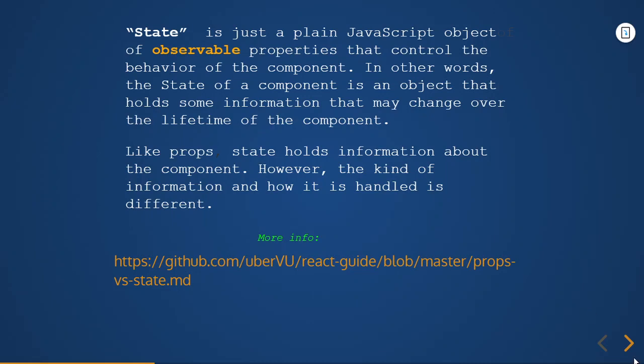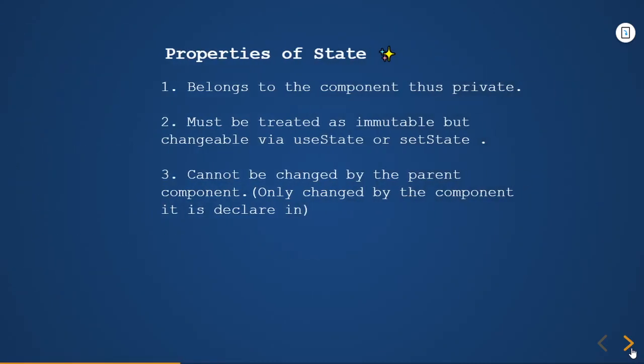Okay. So then the next slide, we are going to look at properties of state, the way we looked at properties of props. If you are advanced in JavaScript, you have something called private and public. Even with normal JavaScript, you have scope.